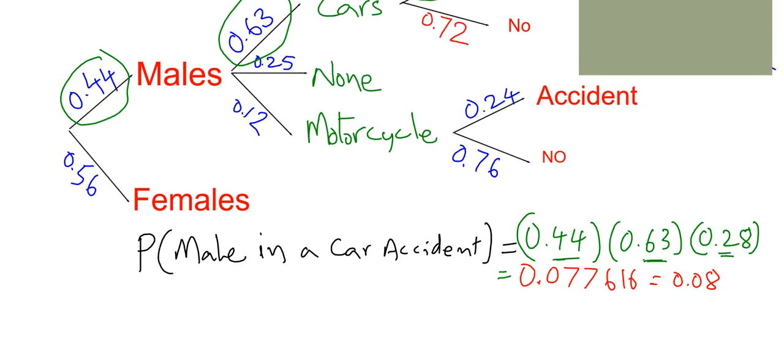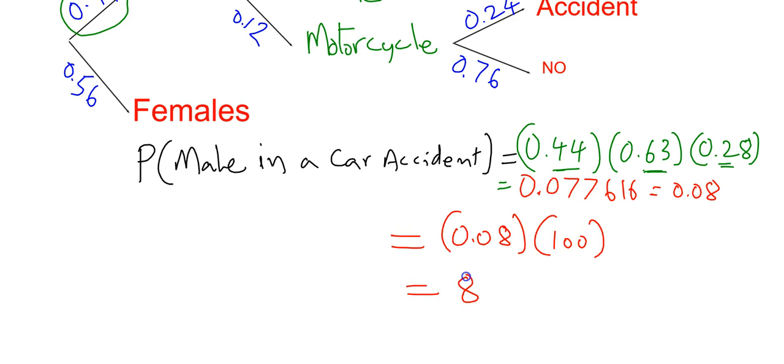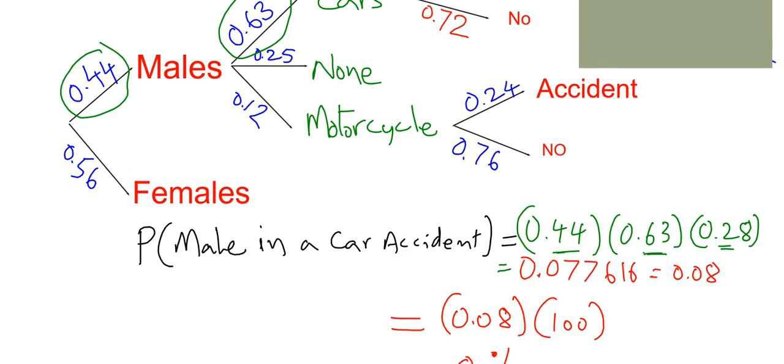When you write it as a percentage, 0.08 times 100 gives you 8%. So the probability of a male student getting involved in a car accident is 8%.